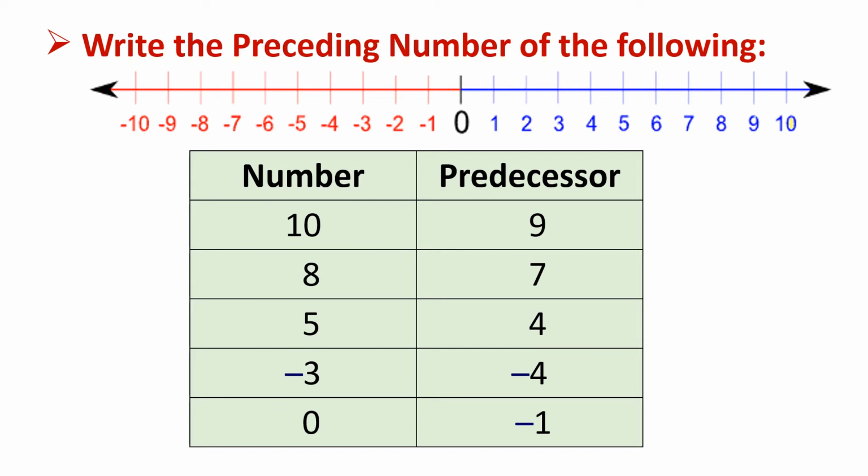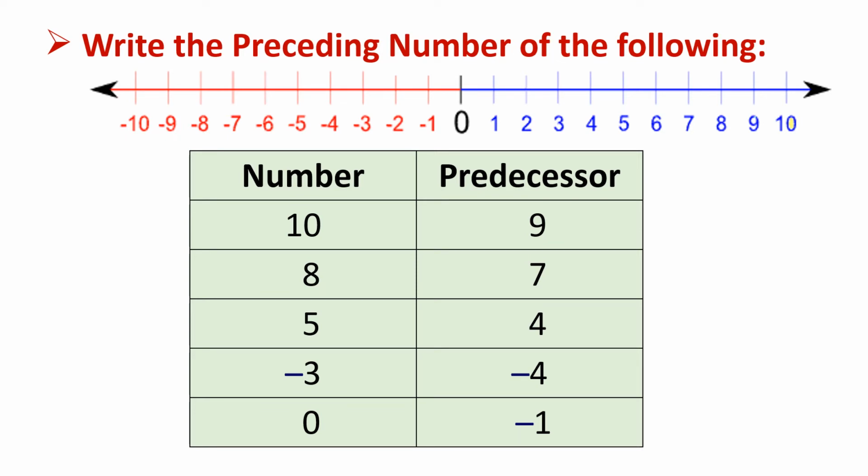Students, if a movement of only 1 is made to the left, we get the predecessor of the number. Write the preceding number of the following. The number line is shown. You have to write the preceding number.